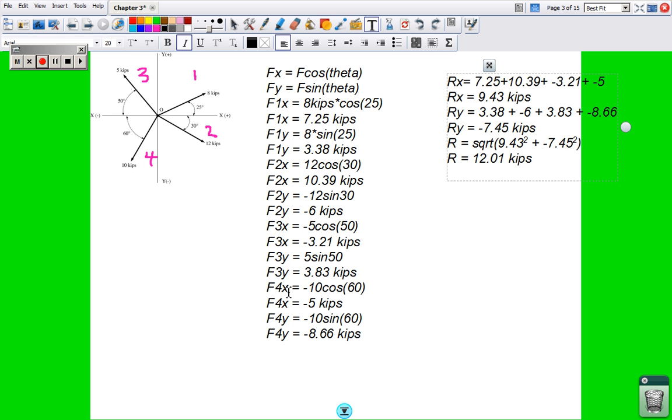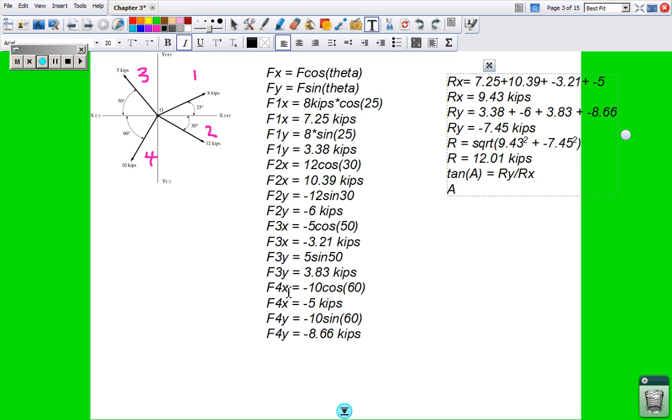And let's remember, tangent of our angle, we'll just say it's A this time, is equal to Ry divided by Rx.